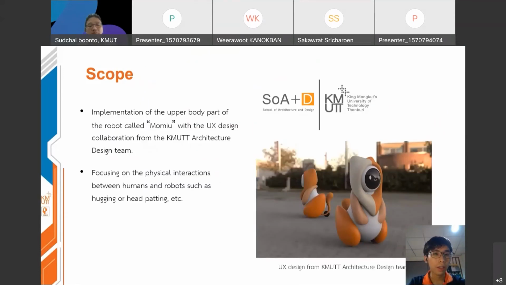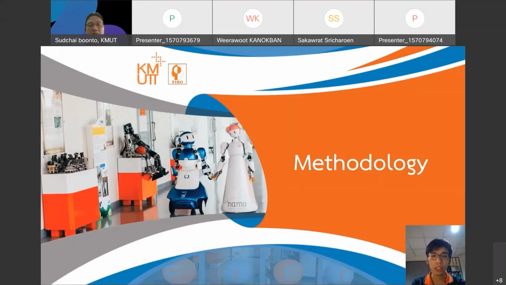The scope of this research is to implement the upper body part of a robot named Moomin, with UX design collaboration from the KMUTT University Architecture Design team, and we focus on physical interaction between human and robot, such as hugging or head patting. Next part is methodology.